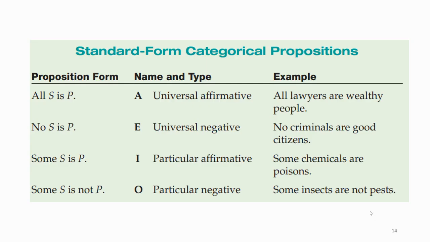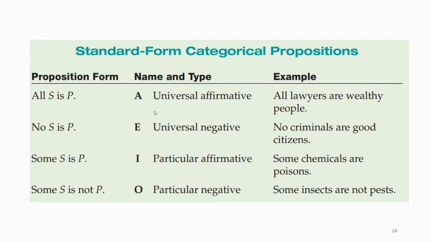To summarize, here are the four categories: A, E, I, O, and the propositions are all S is P. This is the universal affirmative, for example, lawyers are wealthy people.